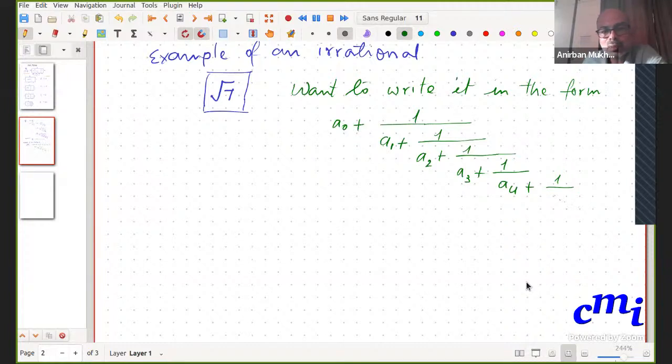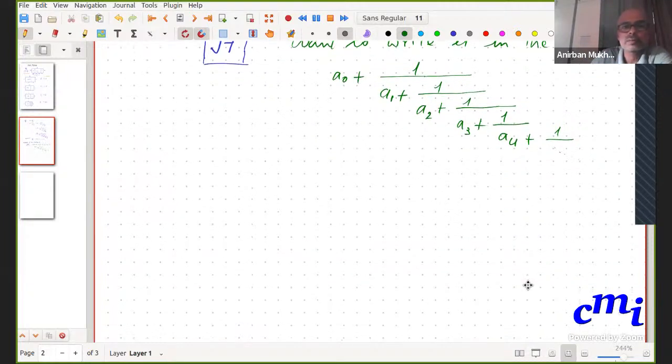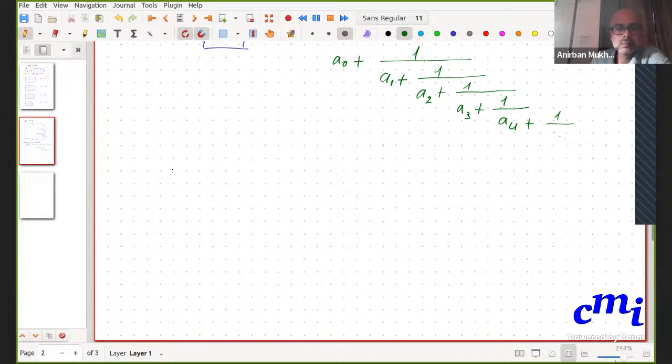Okay, so let's start with this quadrant. This is what our idea is. We want to write it like this. So let's start by writing square root of 7. We easily see that square root of 7 is between 2 and 3, because 7 is between 4 and 9.